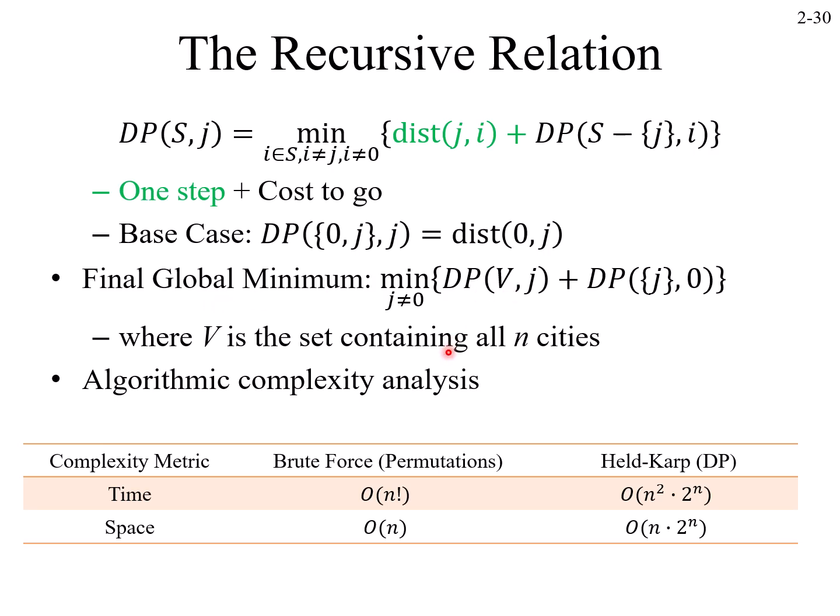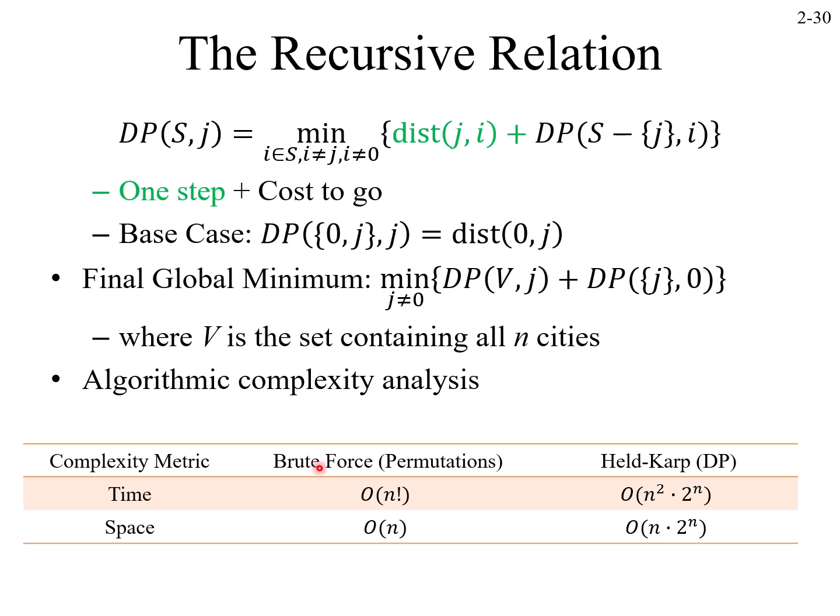V is the set containing all cities, and j is the final station. And we go from j to our depot. One state plus cost to go. And you could look up the paper for the complexity analysis.